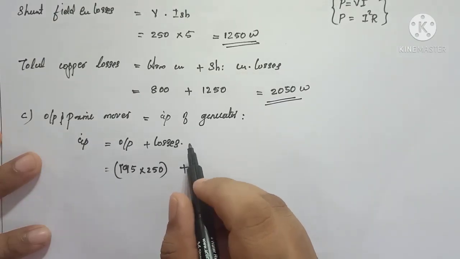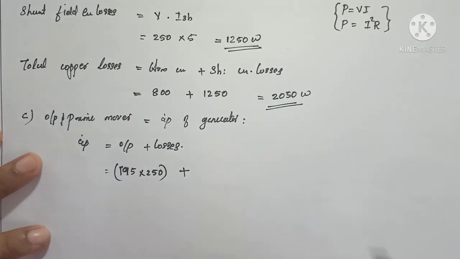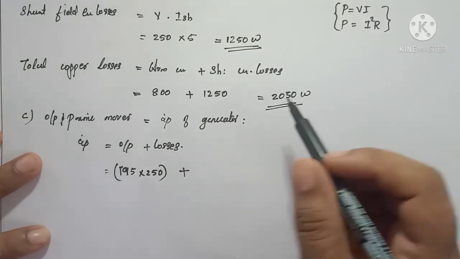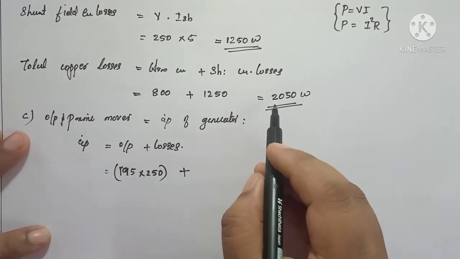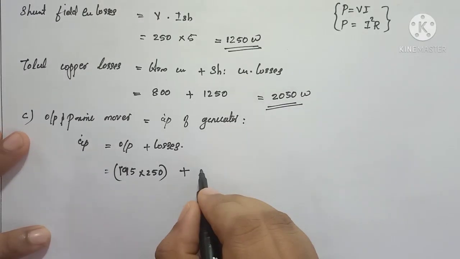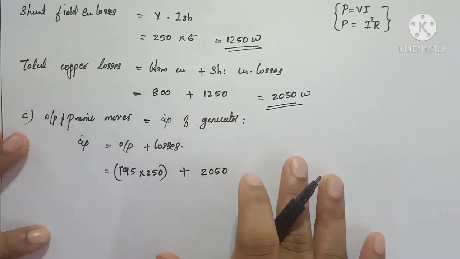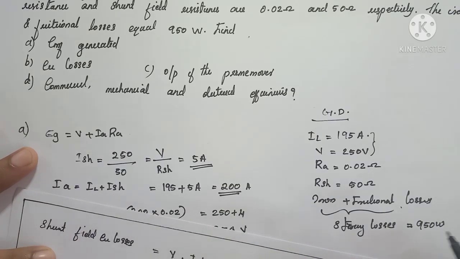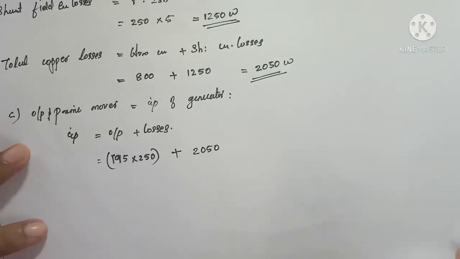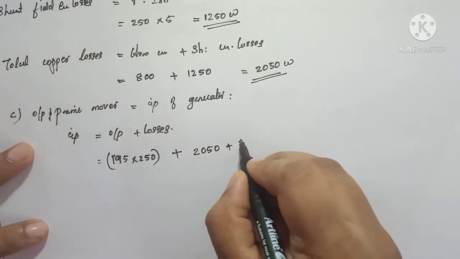And the losses, what are the losses? Already we know that total copper loss is 2050 watts, and in the question the stray losses are already given, that is 950. So we can add these losses with the total copper losses.